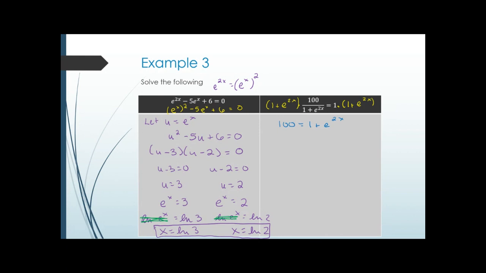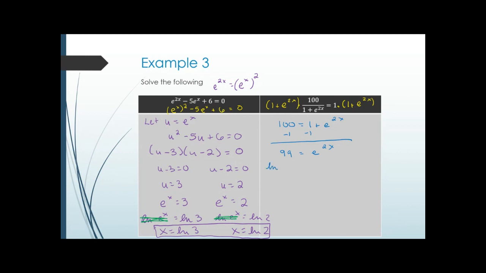So I want to subtract 1 from both sides because I want the e part with the exponent by itself. So that gives me 99 equals e to the 2x. So now to get rid of the e, so I can get the 2x out of the exponent, I have to take the natural log because that's the inverse of e.